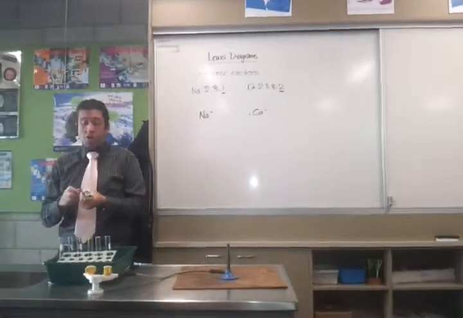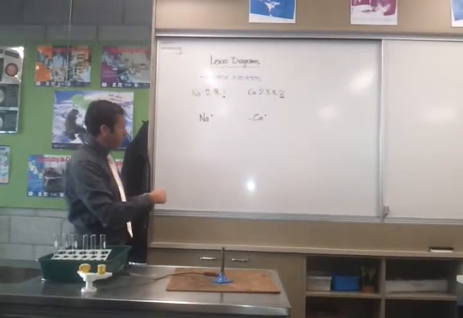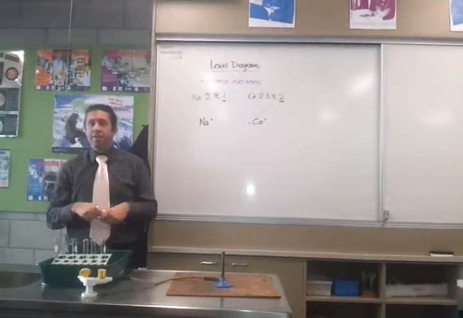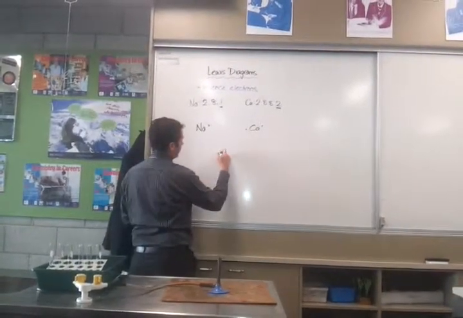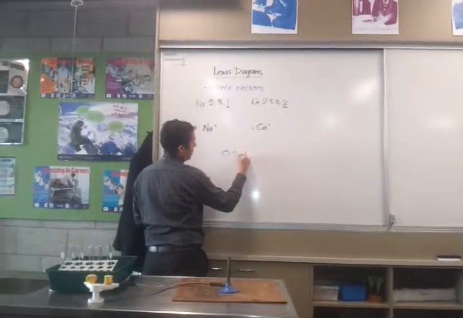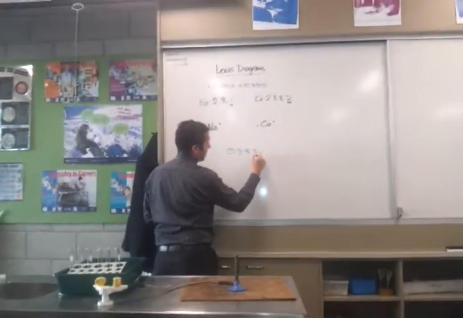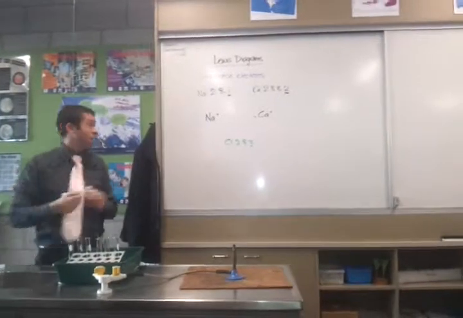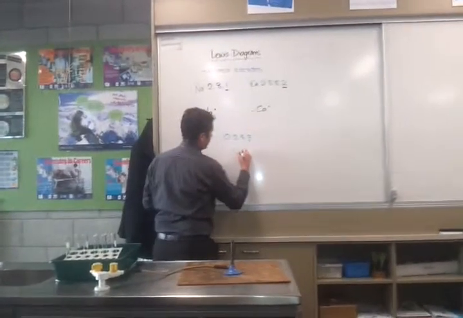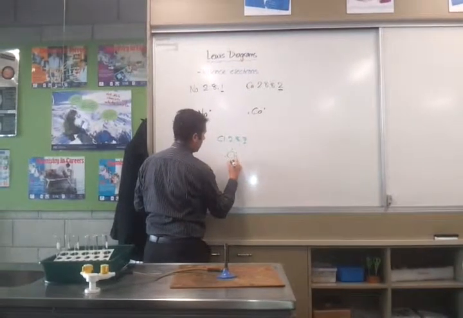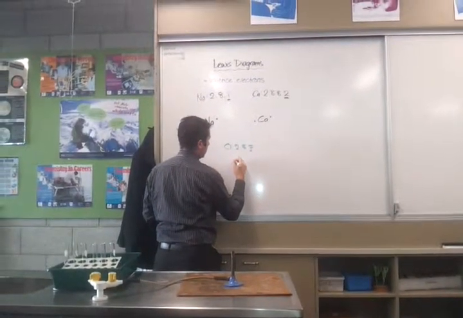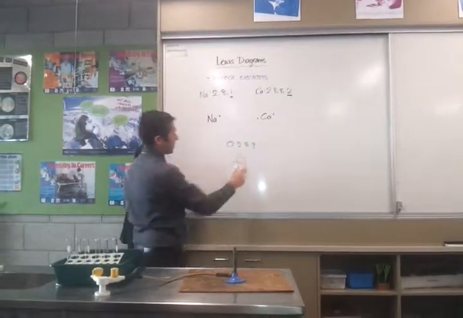What they show as well is the bonding. So if we were to have chlorine coming along, so we'll do chlorine down here, which is 2, 8, 7, so it has 7 valence electrons, chlorine would look like this. So I've got 7 around it.